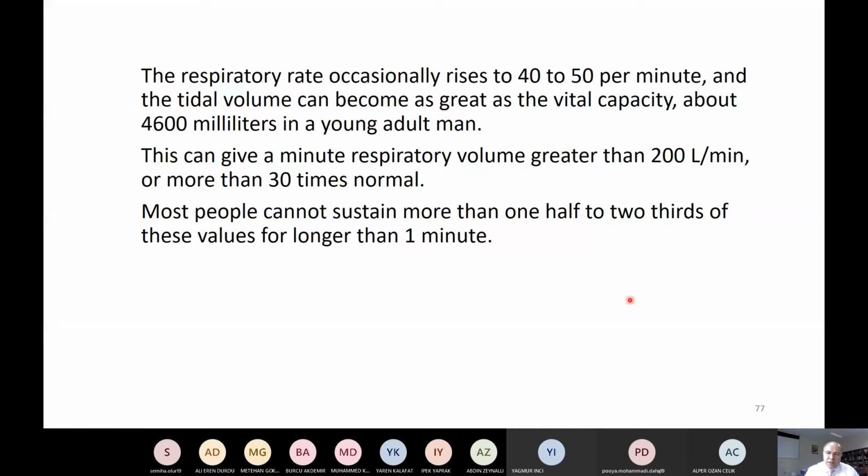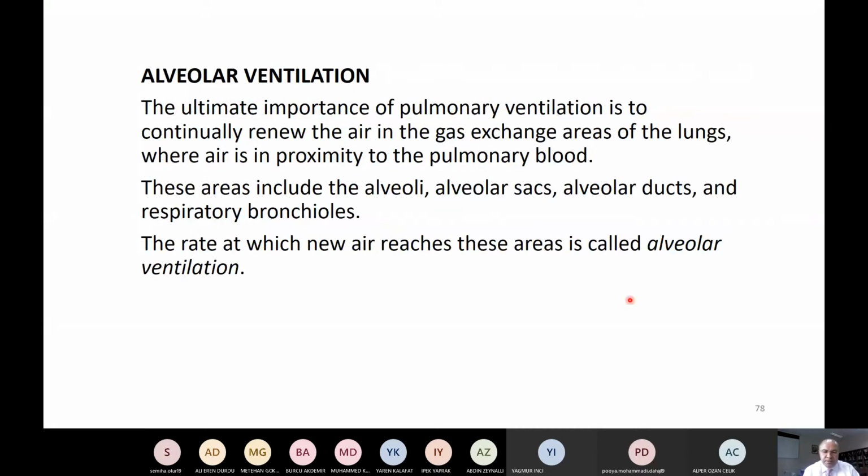Alveolar ventilation. What is the difference between minute and alveolar ventilation? Of each breath, some of the air cannot reach the alveoli. Some of the air will stay in the trachea, in the bronchi.